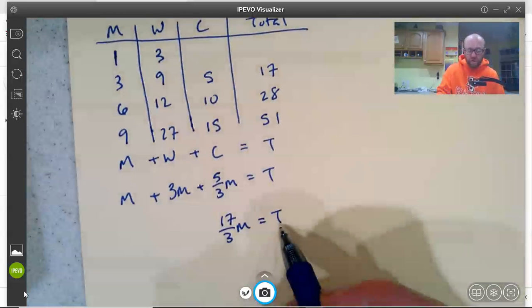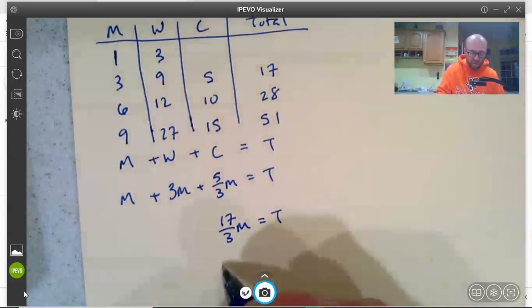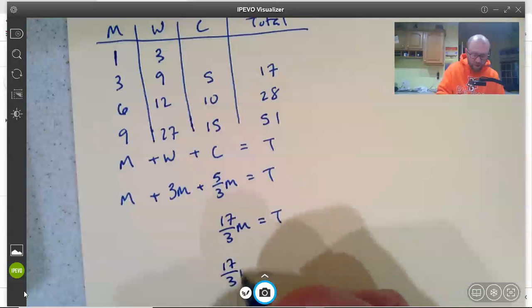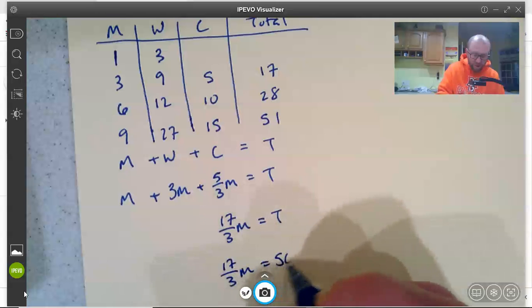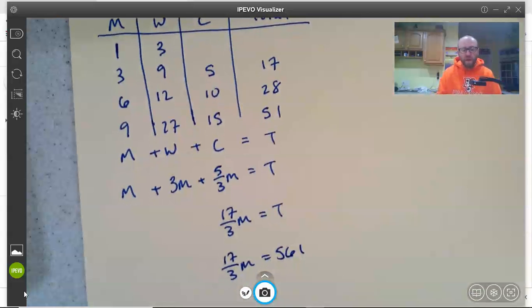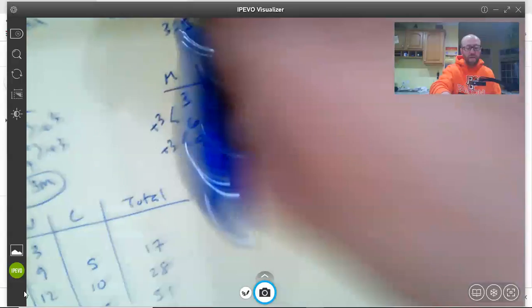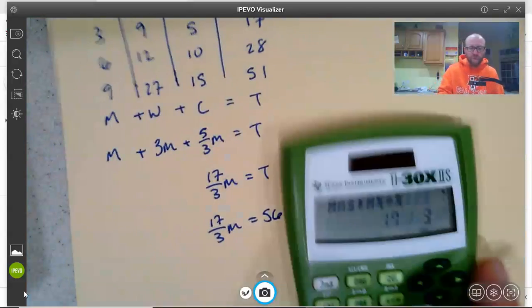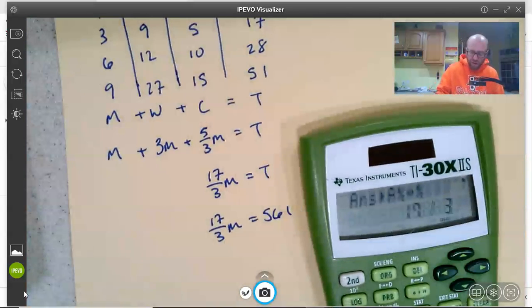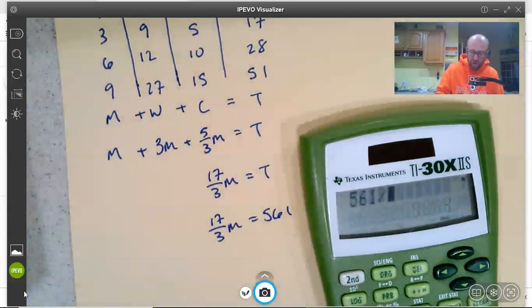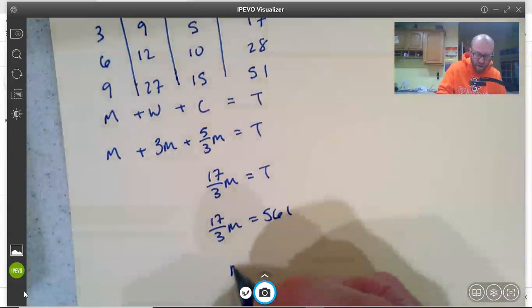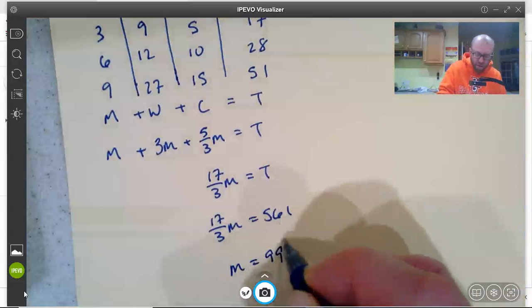So let's just substitute 561 people for T. 17/3 M equals 561. And we just have to divide both sides by 17/3. We'll bring our calculator back in for that. So I've got 561 divided by 17/3 gives us 99. So M equals 99.